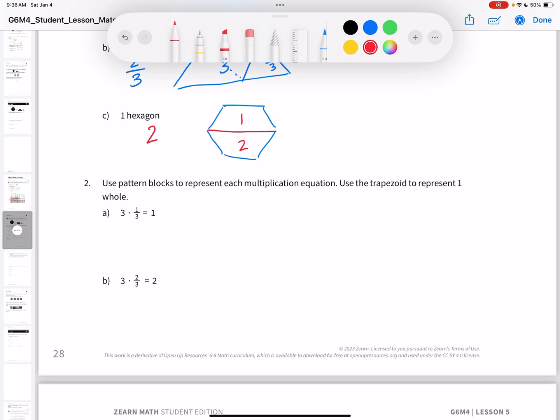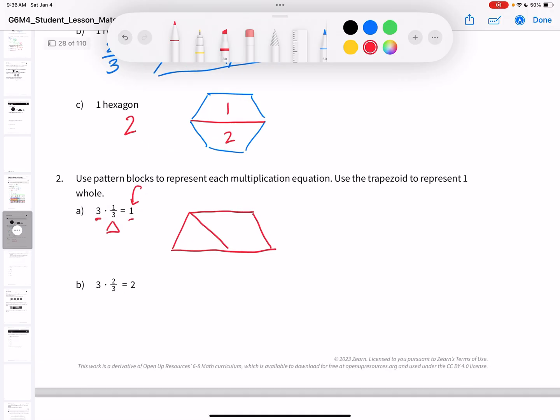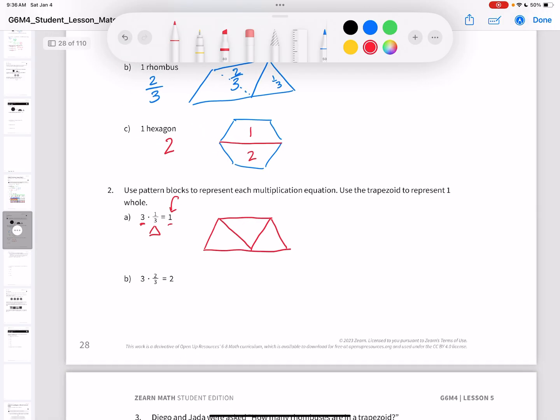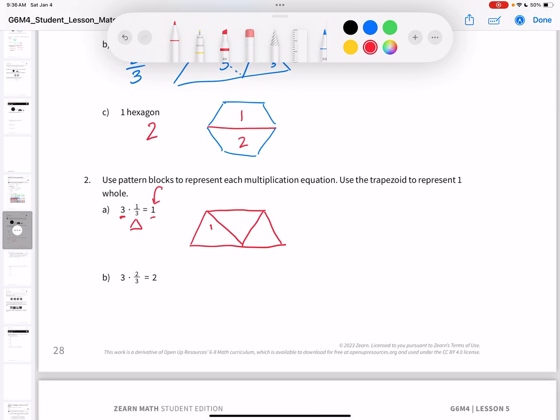All right. So we need 3 of some shape to equal 1. That's what it's saying. And 1/3, we know that the 1/3 is a triangle. So when I draw my trapezoid, because the answer is 1, we should have 3 triangles in there, each triangle worth 1/3.